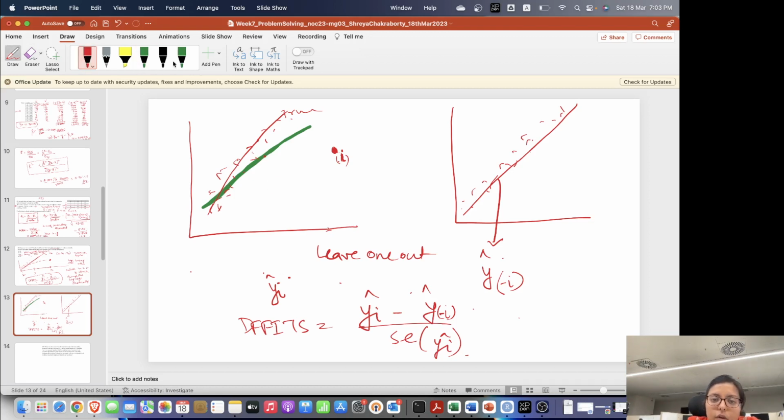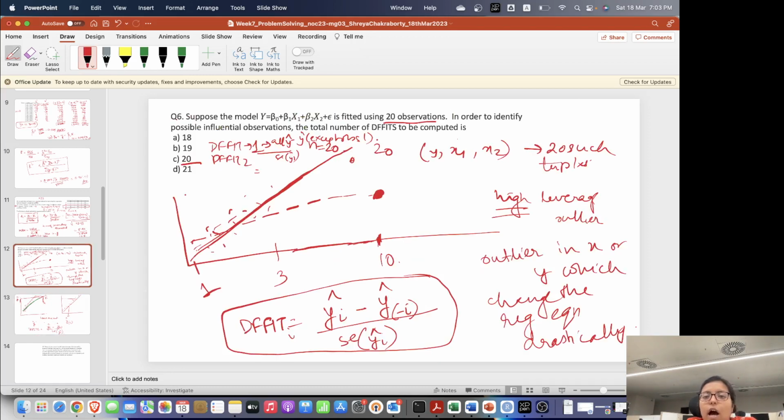This arrow yi hat is here. This is yi hat with respect to this green line. But leaving this one out, it is somewhere here. So if the differences are more, then the DFFITS values will increase. So this is the concept or the logic.